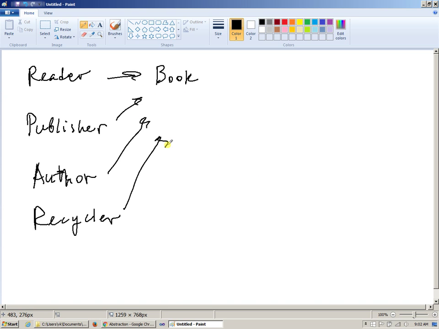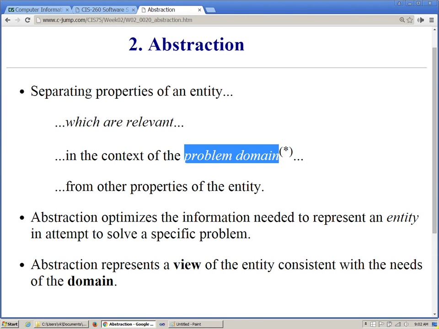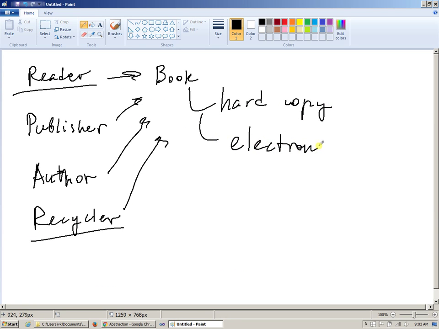So if we are trying to build some kind of recycling system, the processing or consumption of the book, the process of doing it, is absolutely different compared to what the reader does, right? So it's very different. Plus even the book itself can be a hard copy which is printed, or it can be an electronic book.